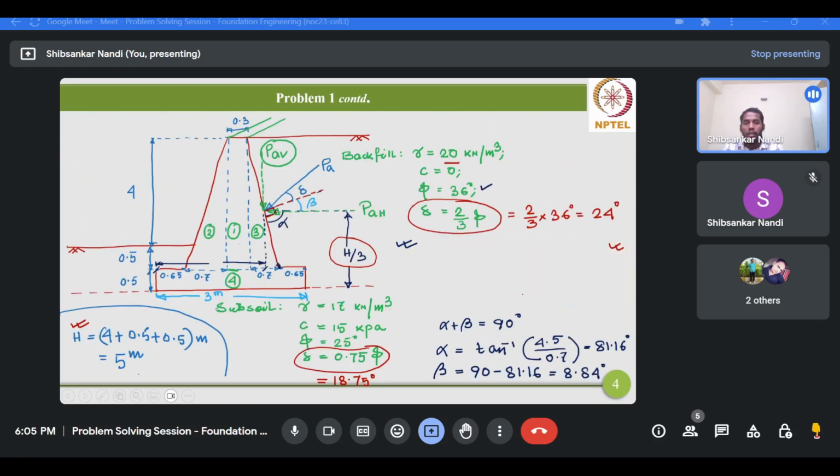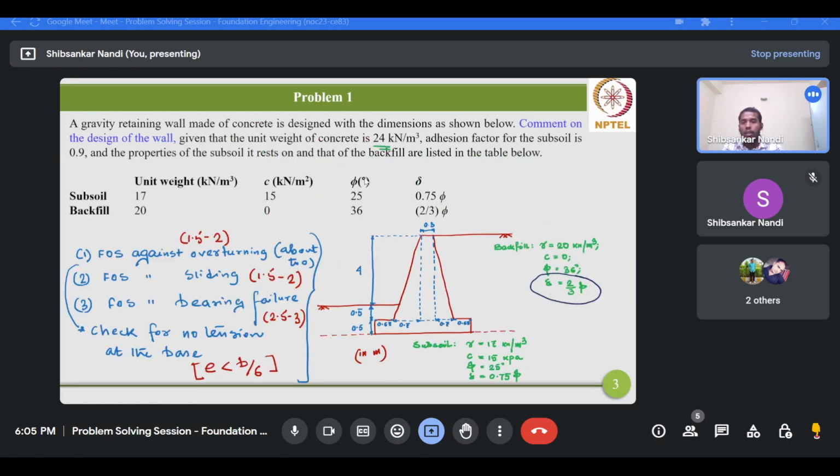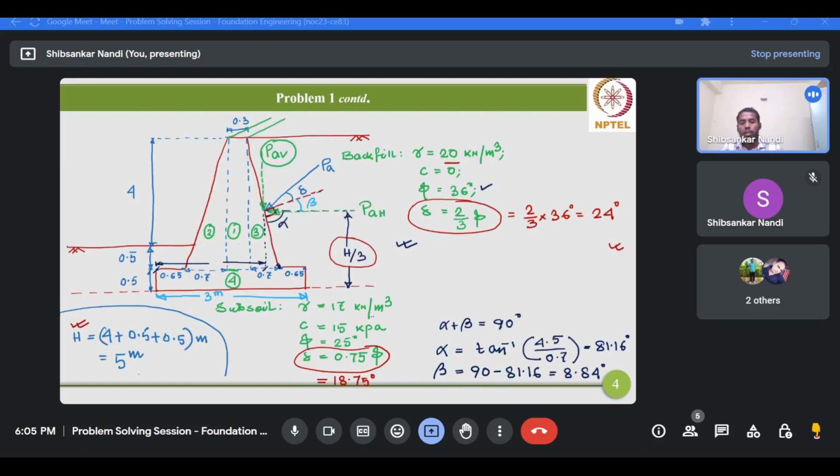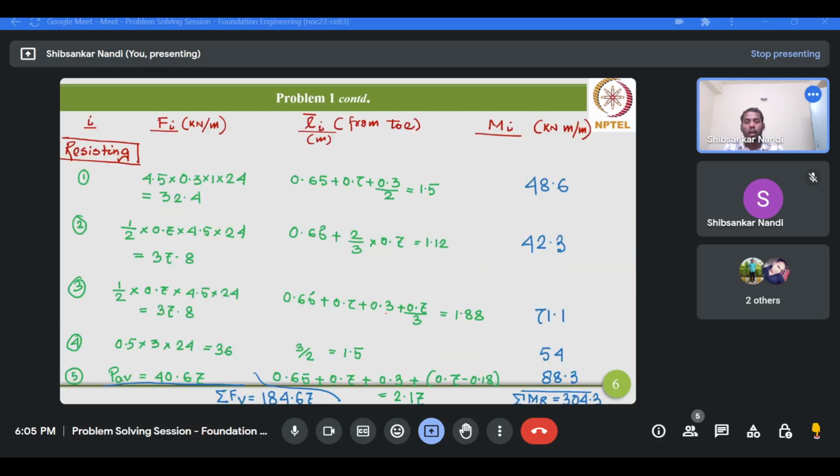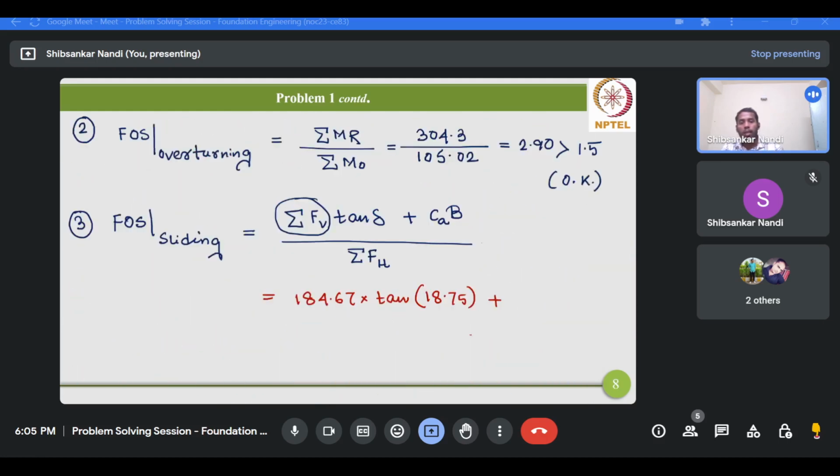I think it's mentioned as the addition factor of 0.9. So the addition would be this factor multiplied by the cohesion of the subsoil. The cohesion of the subsoil is 15 kPa. That means 0.9 times 15 will give you the addition at the base.